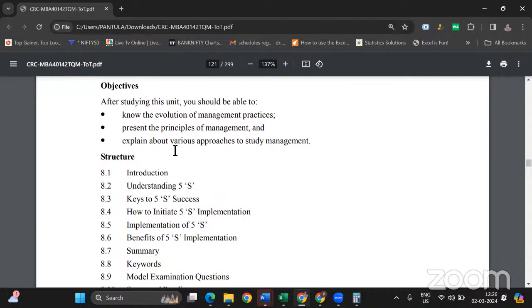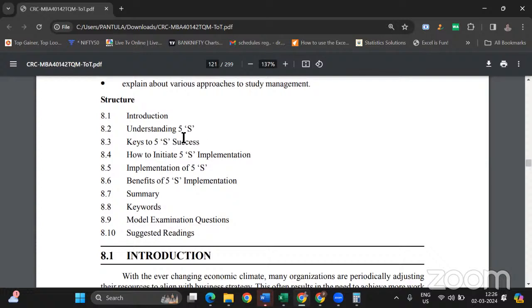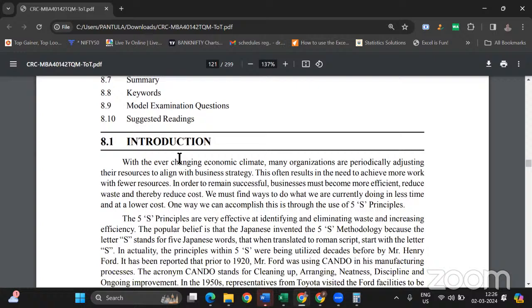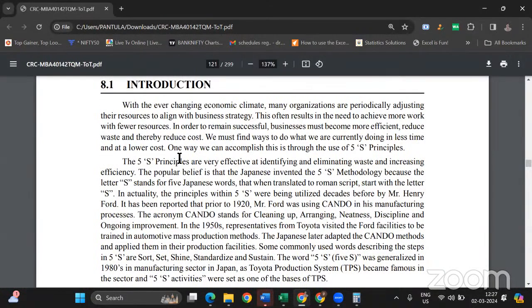Here we cover evaluation of management practices, principles of management, understanding of 5S and 5S success, how to initiate 5S implementation, implementation of 5S, and the benefits of implementation. So it's all about 5S practices. So what does 5S mean?